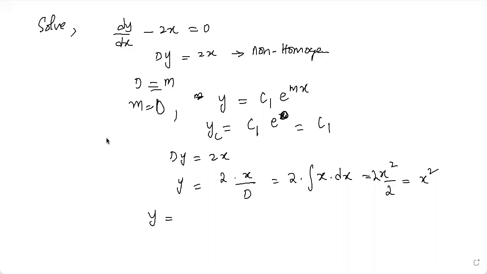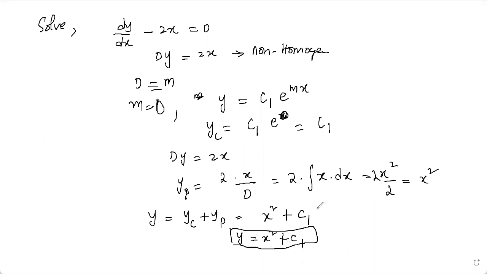So we got yc as c1, and this is yp, which is yc plus yp, which results as x square plus c. So we got y is equal to x square plus c1 as the solution of the given differential equation.